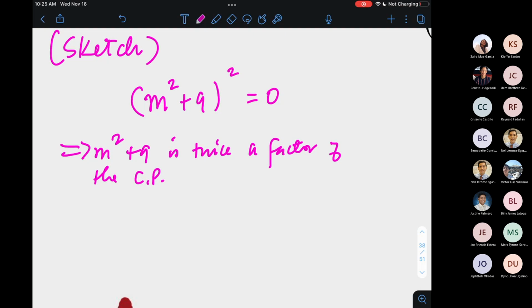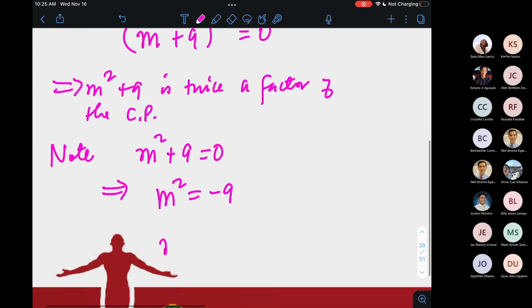Pero ano yung mga roots ni m squared plus 9? Note that m squared plus 9 equal to 0 has the solution m squared equals negative 9. So that means m is plus or minus square root ng negative 9. But the square root of negative 9 is 3i.